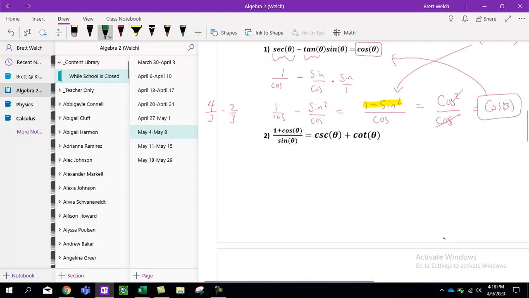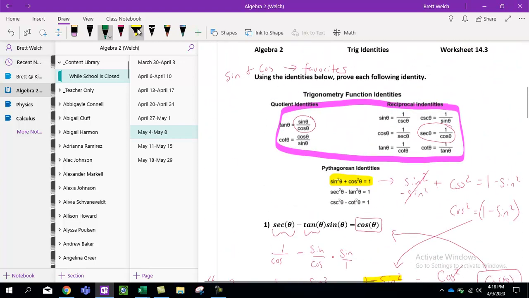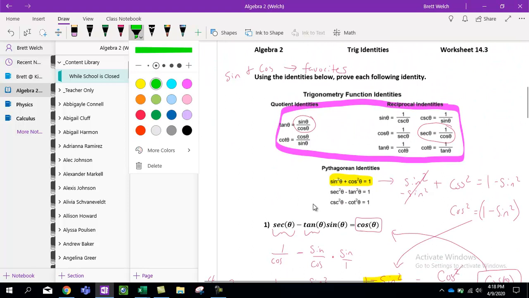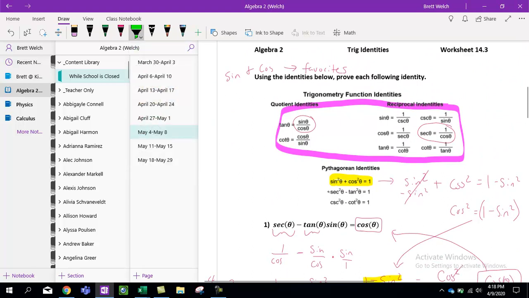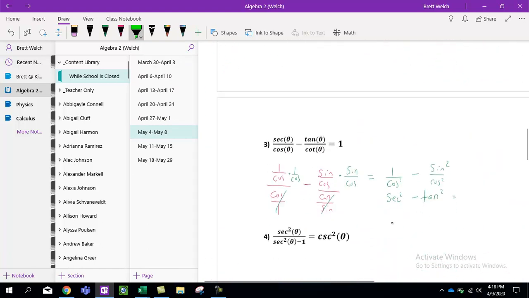In fact, if we come back up here, grab a different color highlighter, secant squared minus tangent squared is by definition 1. And if we look right here, secant squared minus tangent squared, that equals 1, which is the answer we had at the beginning.